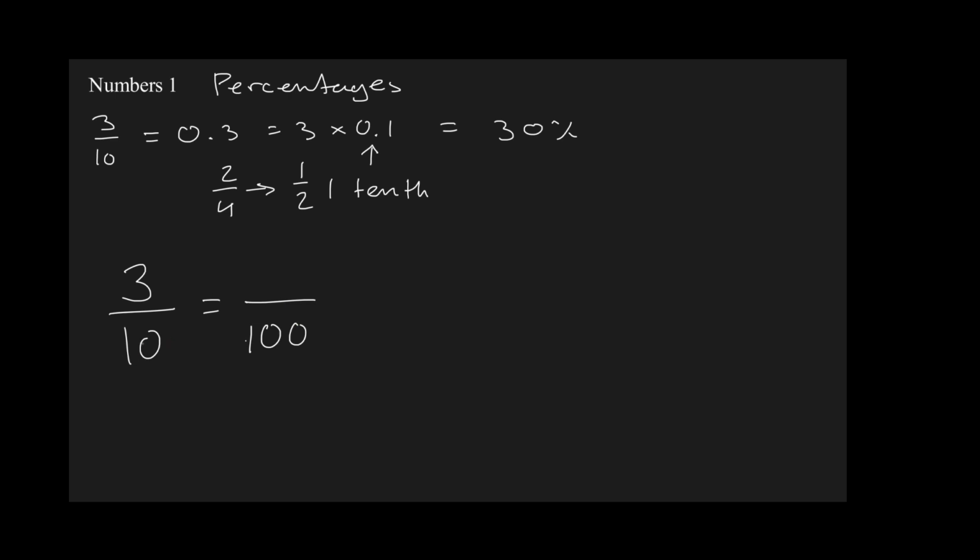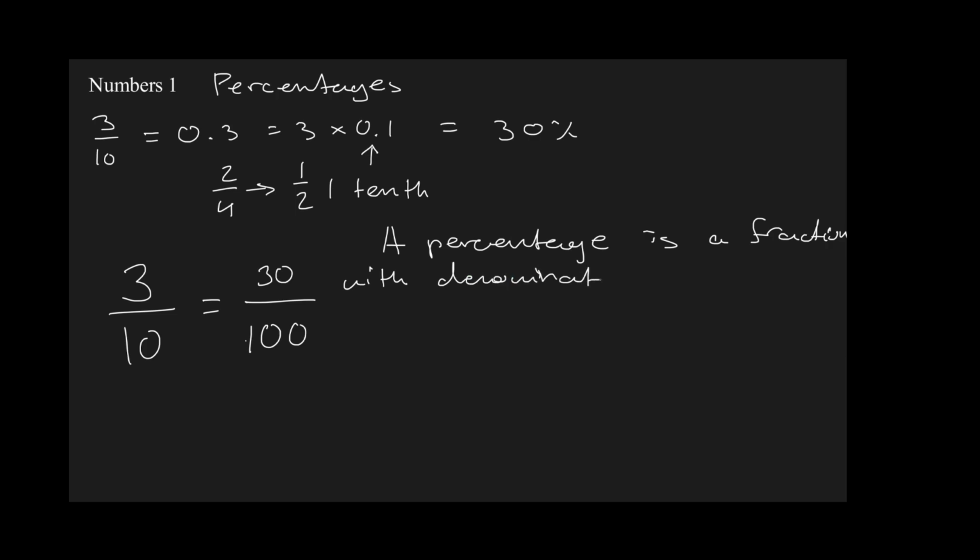How can we do this? We multiply the denominator by 10 to get to 100. 10 times 10 is 100. Then we multiply the numerator by 10 as well. So you'd get 30 over 100. And remember, a percentage is a fraction with denominator equal to 100.